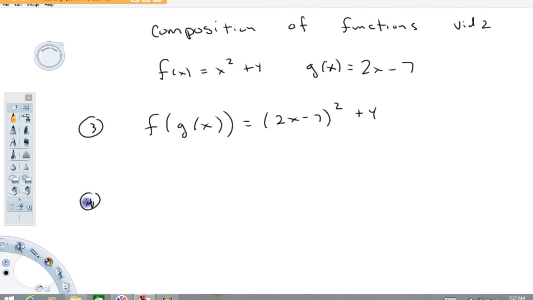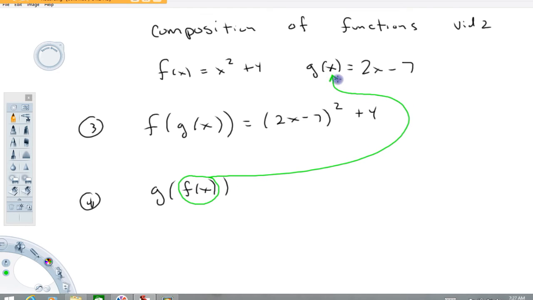Okay, example 4, g of f of x. Again, the big thing is realizing what that means: we're going to take f of x and it's going to go into the function g for x, which means it's going to ultimately go there. So we take this function and it gets plugged right there.